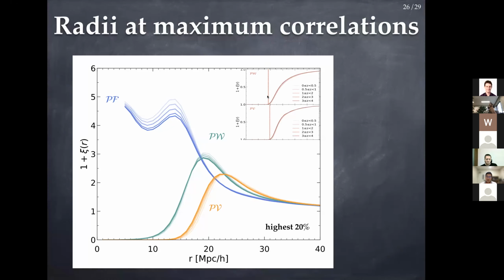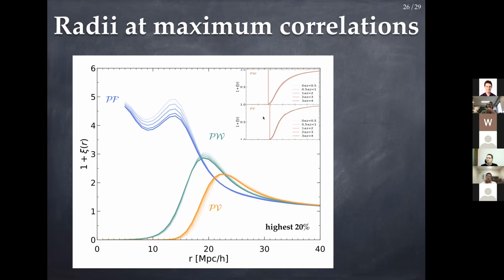And this is actually already encoded in the initial conditions. And this is only a function of smoothing scale. And as you have seen, there is no redshift evolution. So given a power spectrum initially, we are able to calculate this specific size of the exclusion zone at every redshift, because it's not actually evolving.